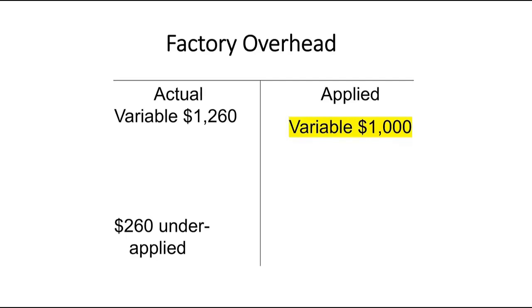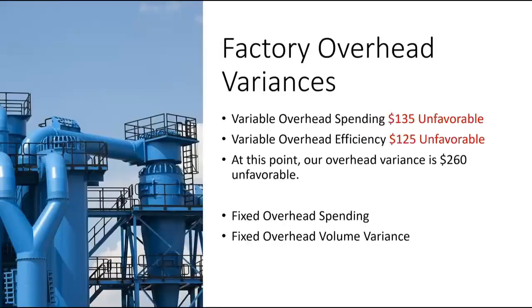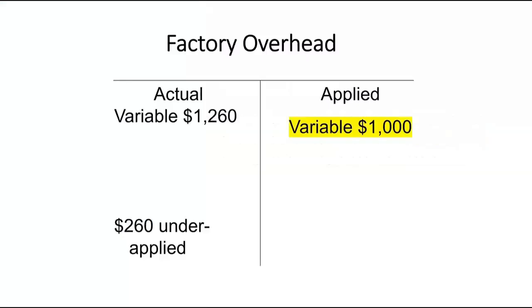Now, why does that $260 sound familiar? What else was $260 so far? Oh yeah, our variances. Our variable overhead spending variance combined with our variable overhead efficiency variance adds up to $260 unfavorable. Is that a coincidence? No. That's supposed to happen. Because when we get all done with these variances, whatever we get is going to equal the balance in our factory overhead T account.